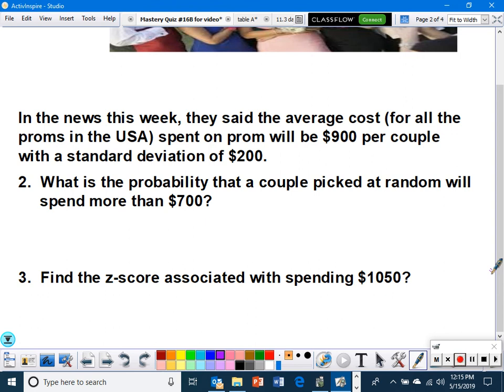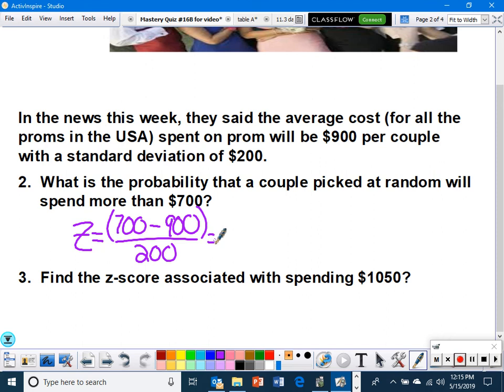All right, so I'm going to find my z-score. 700 minus 900 divided by 200. Oh, negative 1. Okay, 700 minus 900 is negative 200. Negative 200 divided by 200 is negative 1.